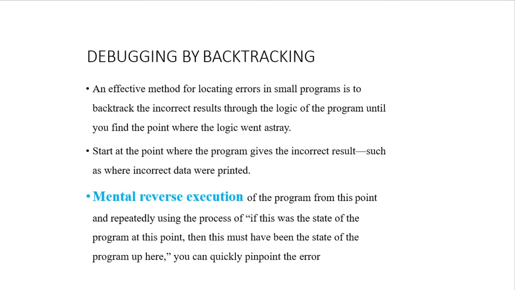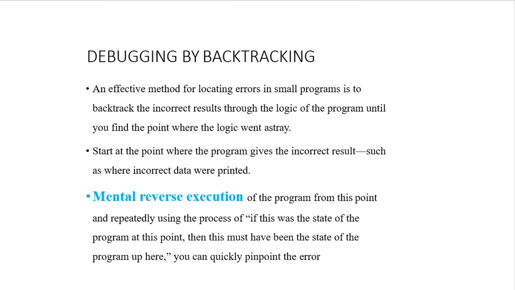Then the last method is debugging by backtracking. Debugging by backtracking is the same concept as traceback. For small programs, the method of backtracking is more effective to locate errors. To use this method, start at the place in the program where an incorrect or unexpected result was produced.